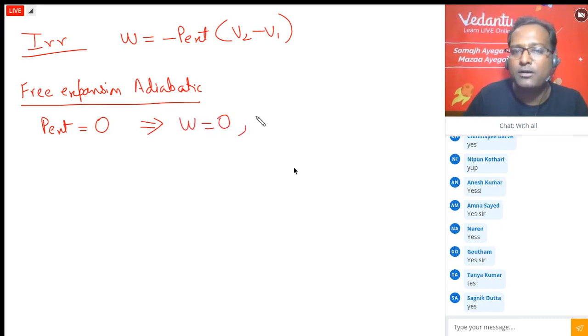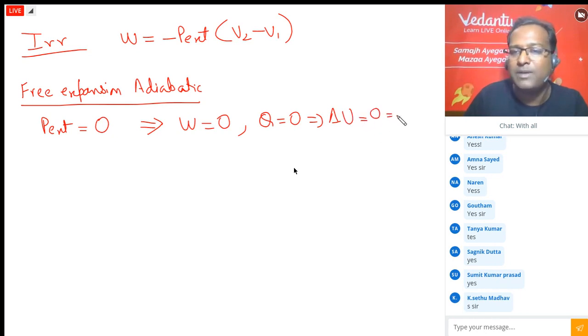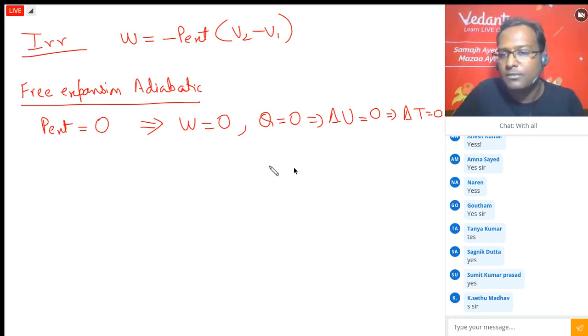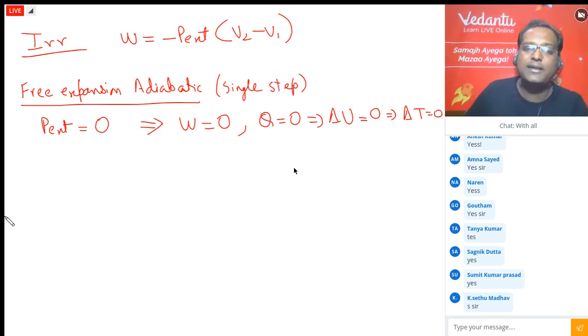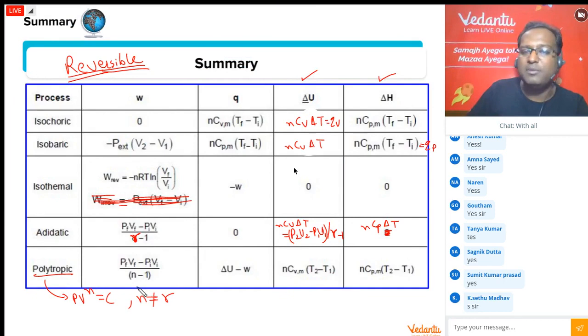Adiabatic means what? Adiabatic means Q is zero. Implies delta U will be zero. Delta U, if it is zero, implies delta T is also zero. So for adiabatic expansion in an irreversible system, that means a single step adiabatic free expansion, can I say that if we write this in the table, everything will basically be 0, 0, 0, 0?